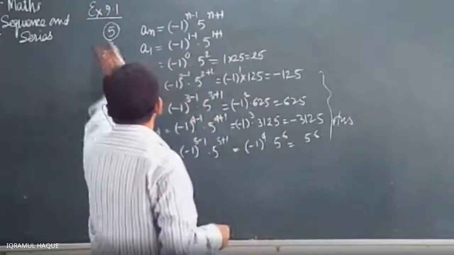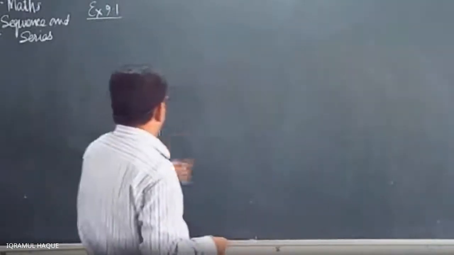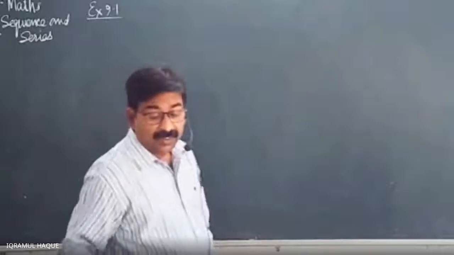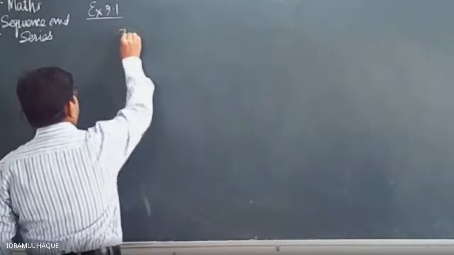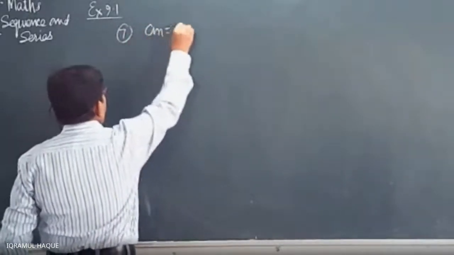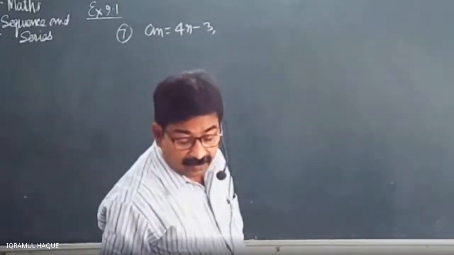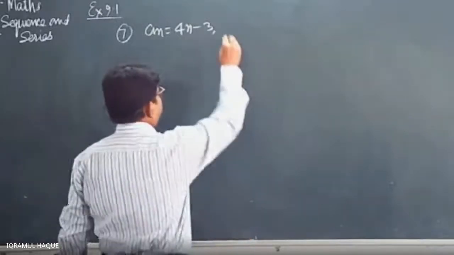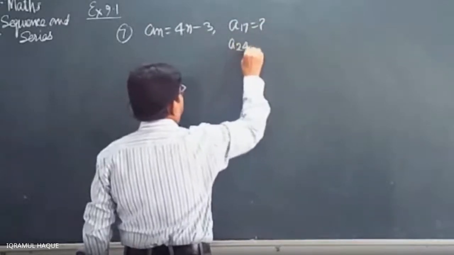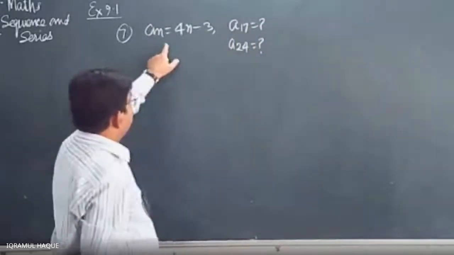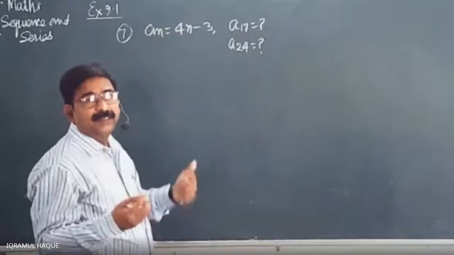See, the nth term is given, a_n = 4n - 3, and we have to find a17 and a24. So in place of n we have to write 17, and in place of n we have to write 24. Simply just put the value.